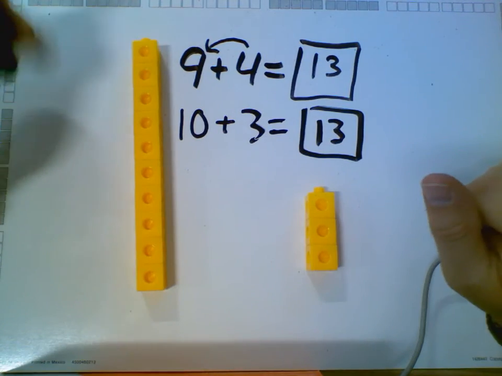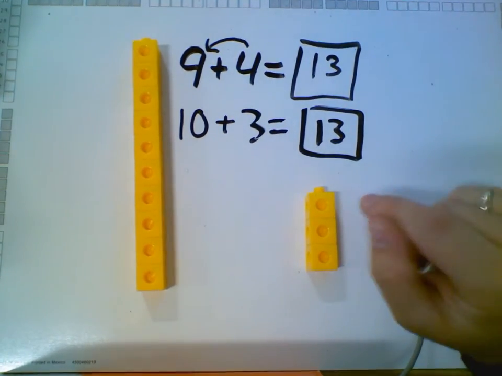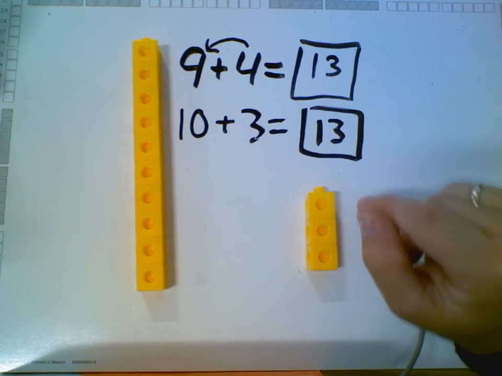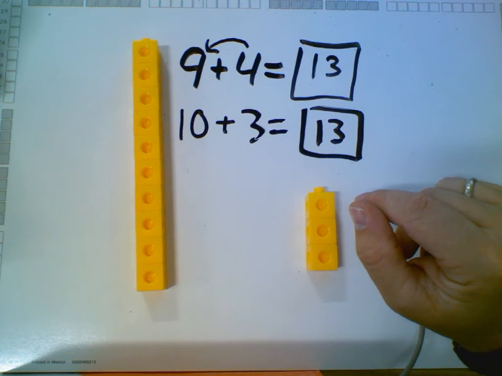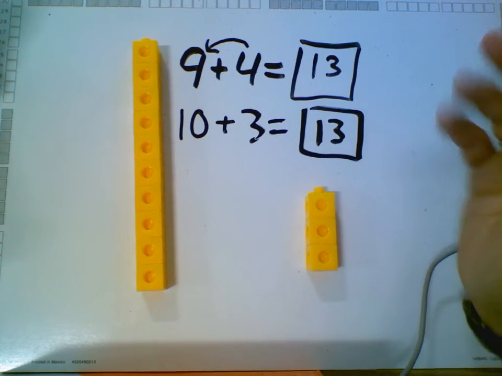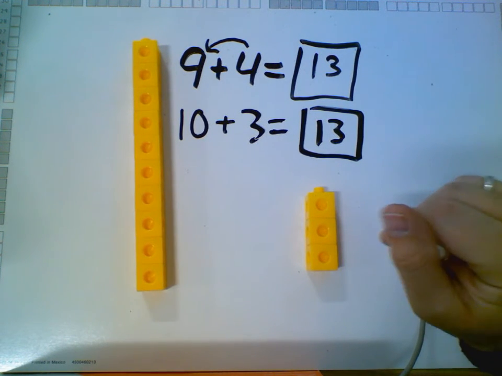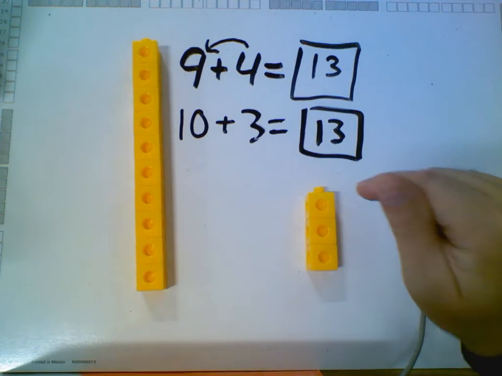Now, parents, this is usually the part where a lot of parents say, well, this seems like it takes a long time. Why can't we just have them use the strategies they already know? Well, anytime we do something for the first time, it takes a long time. And our goal isn't to get to the answer fastest.